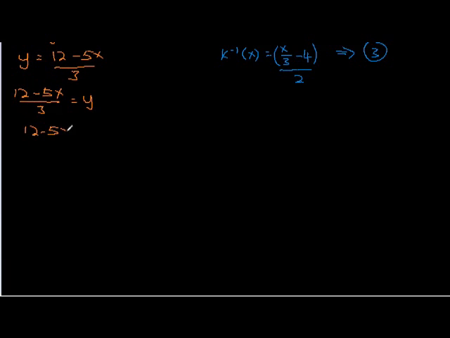12 minus 5x equals 3y. Negative 5x equals 3y minus 12. Divide both sides by negative 5.